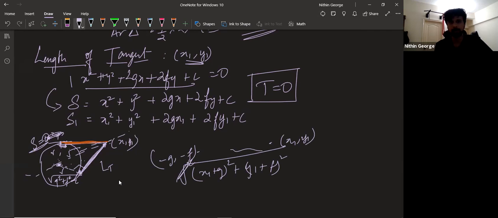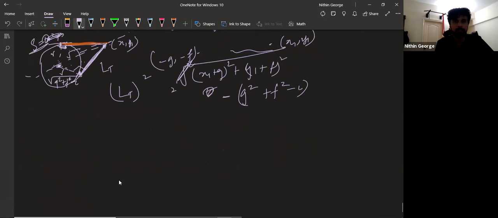So this square minus radius square will be equal to length of tangent square. Radius square is nothing but g square plus f square minus c. So what does the length of tangent square become? This is very interesting, guys.